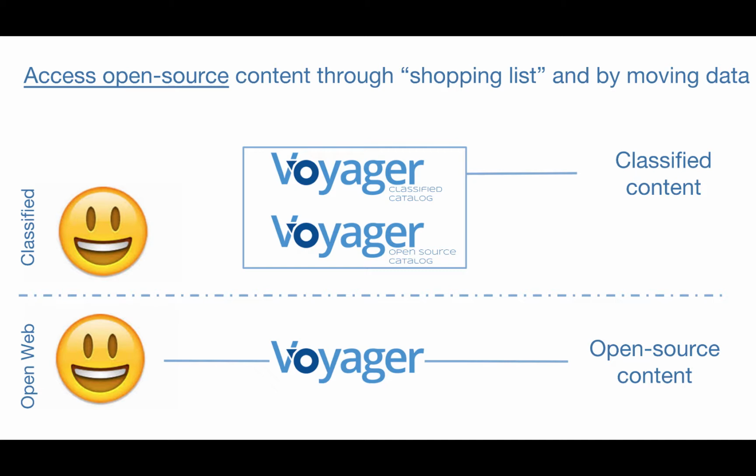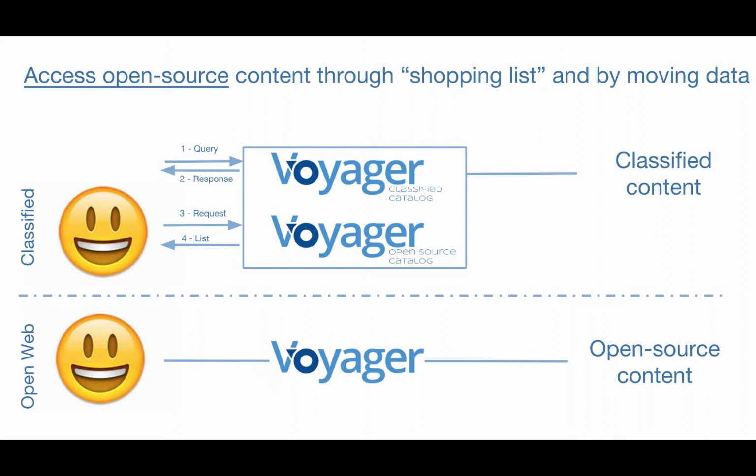We can also access open source content through a shopping list and by moving data from the open unclassified environment up to the classified environment. Similar to the first example, people can query for data that they might be interested in. We provide responses. They can look over those responses, and then they can request that content. But here, the fourth step is different.